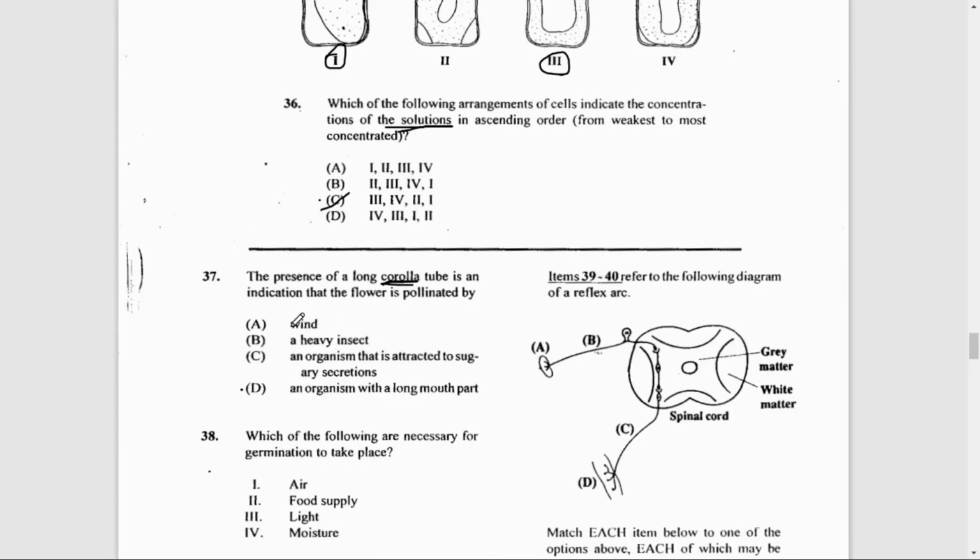So the answer would have to be D, because the corolla is in the form of a tube. The organism that must pollinate that flower must have a long mouth part to penetrate into that flower. So that would have to be D, to reach into the flower.